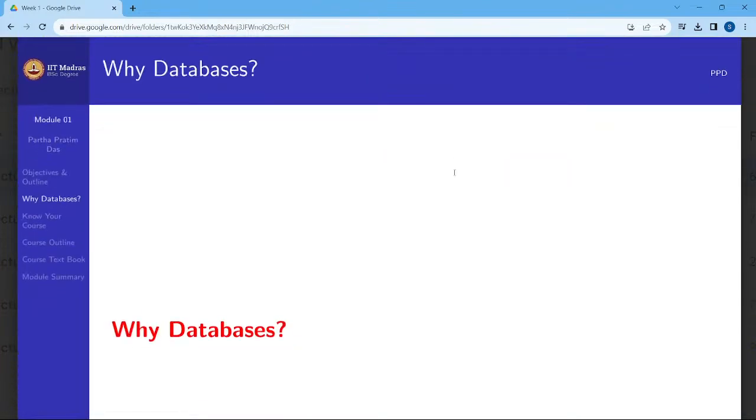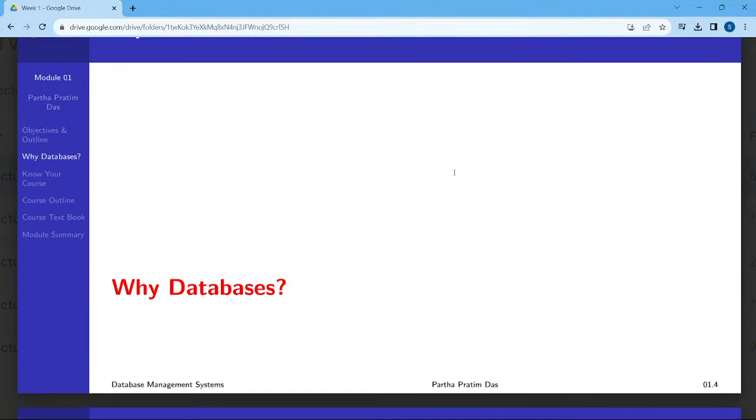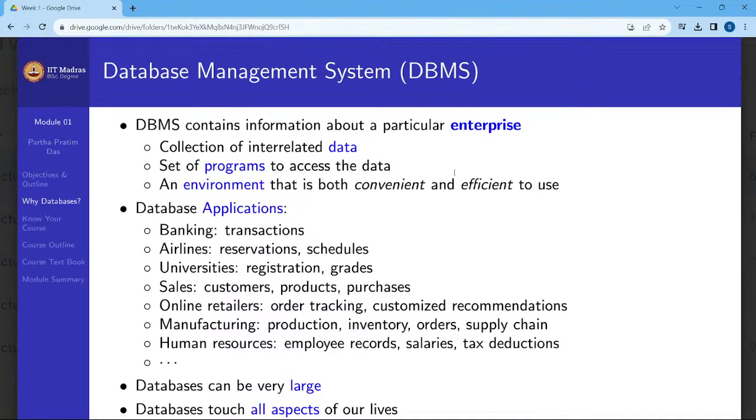Let's start. So the initial question that comes to our mind is why database, right? Why do we need a database? Each and every enterprise has data. Let's say you have a small dukan, a general store. You sell cosmetics, you sell pens, you sell various types of material, stationery, some kirana.